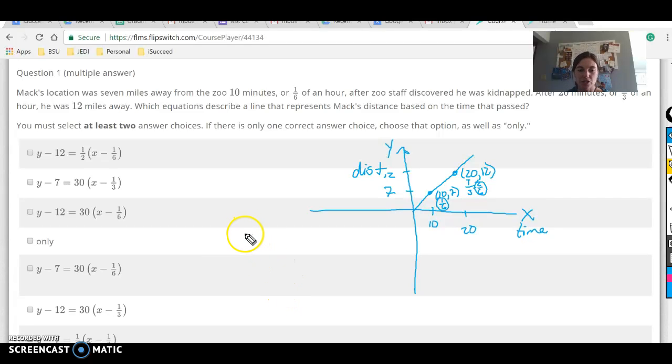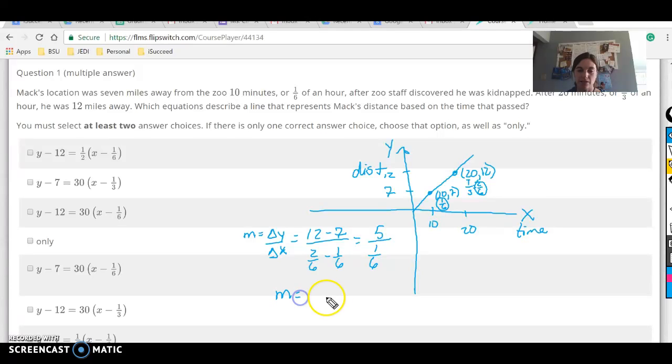So remember, slope is change in y over change in x, which in this case is 12 minus 7 over 2/6 minus 1/6. This becomes 5 over 1/6. And if you're dividing by a fraction, you simply have to multiply by the reciprocal.